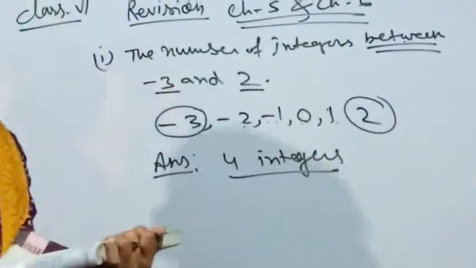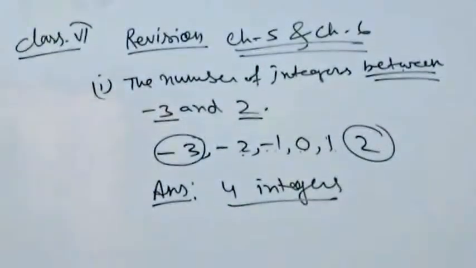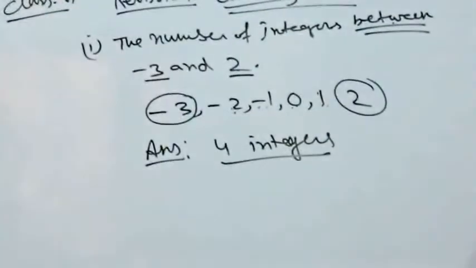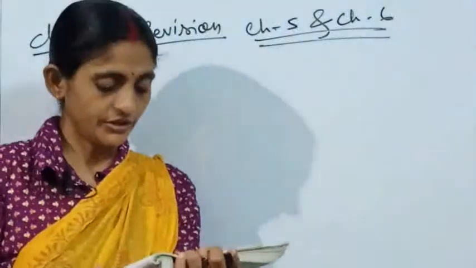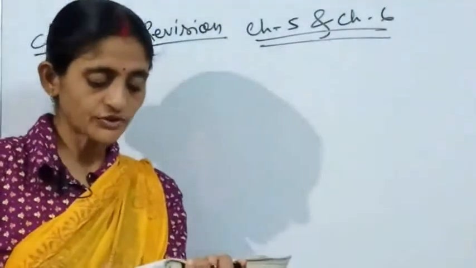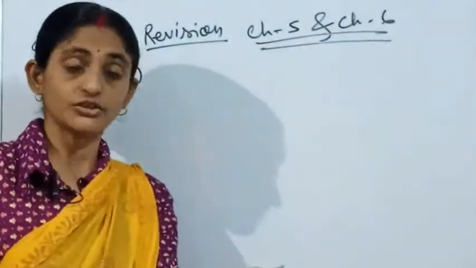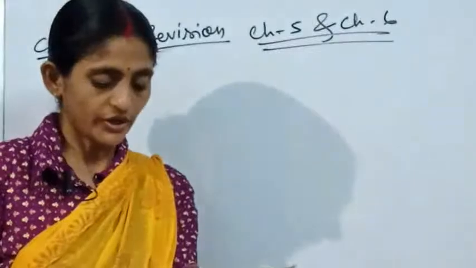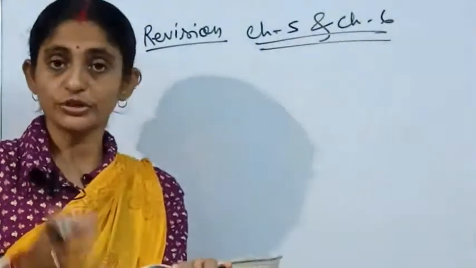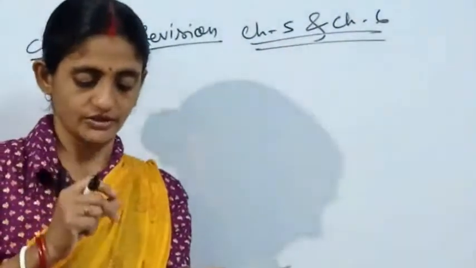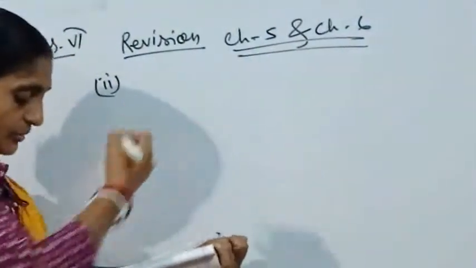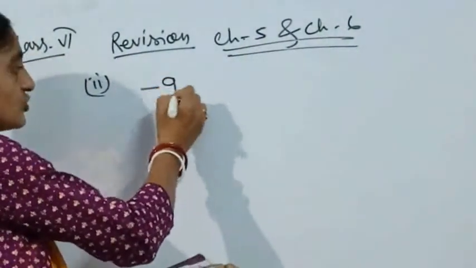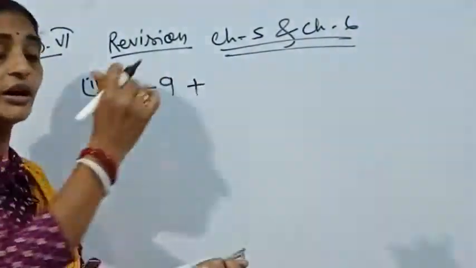Okay, let's come to the second question. In the second question, you are asked that the sum of two integers is given, that is equal to -17, and one of the two numbers is -9. So what will be the other number? That means what has been given? One number of these two has been given, -9, and you are asked to find the other.